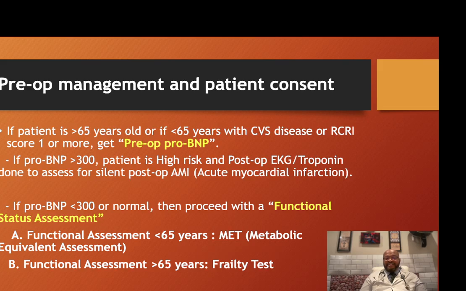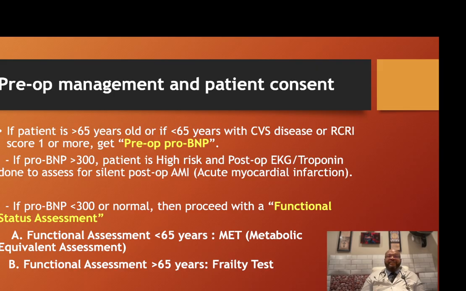And for the functional assessment, if you're less than 65, they usually do a metabolic equivalent assessment, which I might not go into now. But as a general rule, the metabolic equivalent is the amount of oxygen consumption in their most active state.